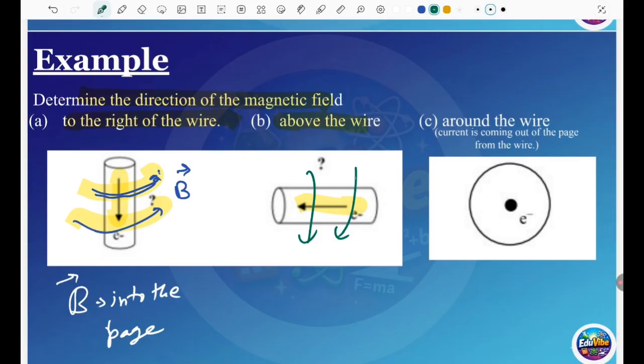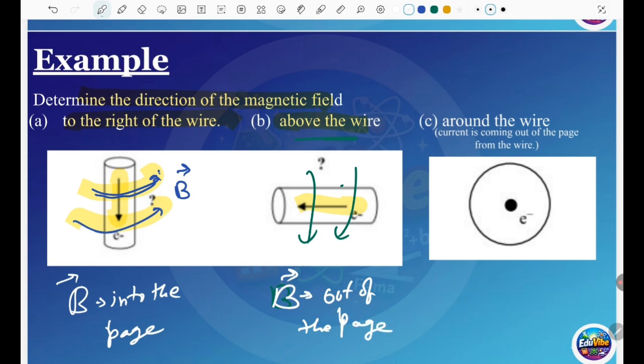When you look from above, you can see they come out, so this means they come out of the page. So the magnetic field in that case is out of the page.